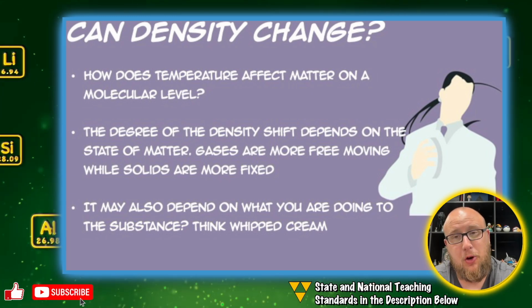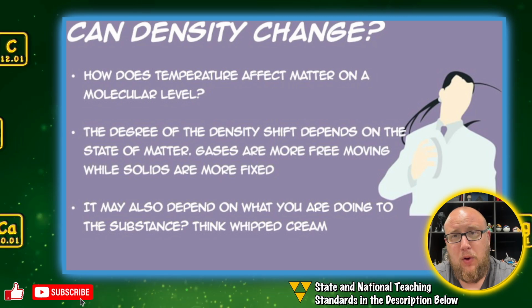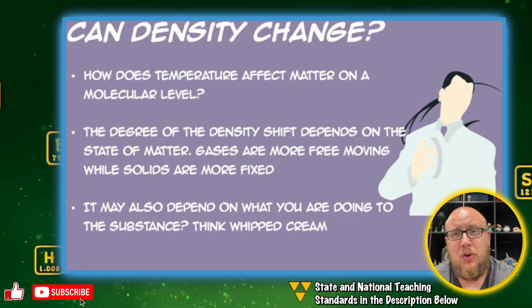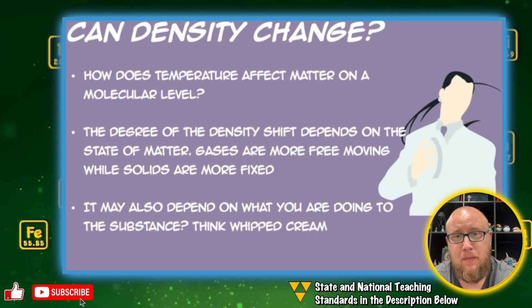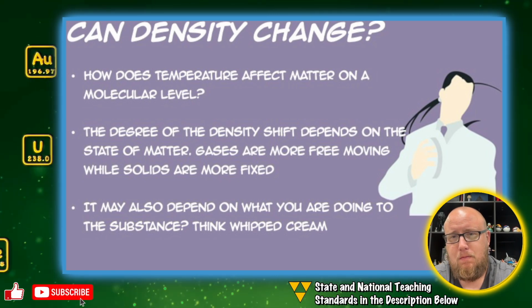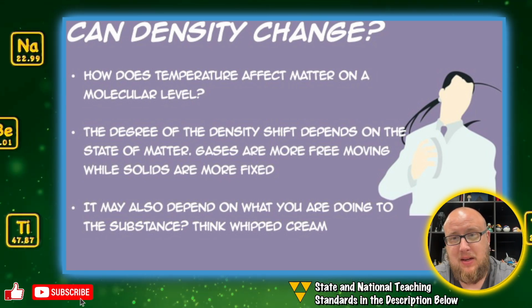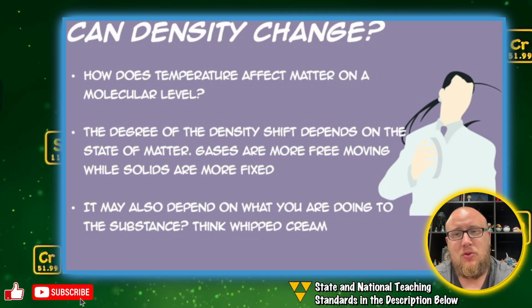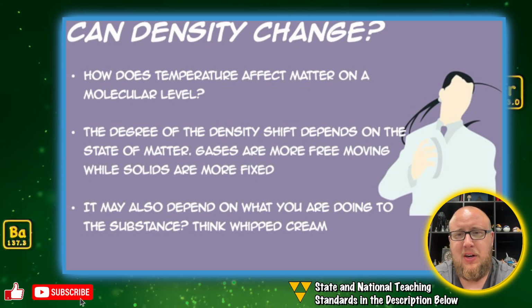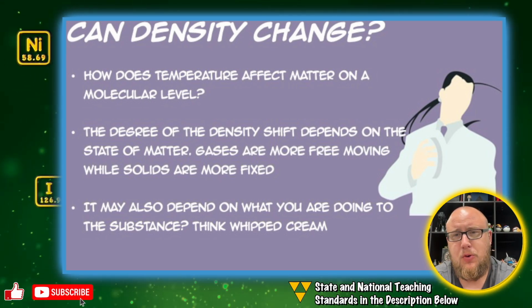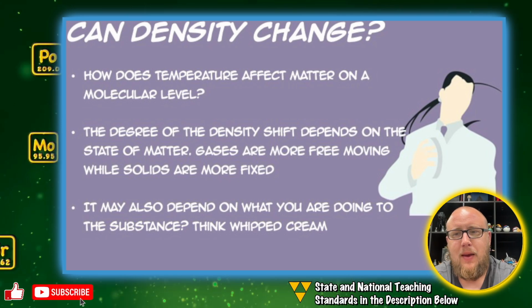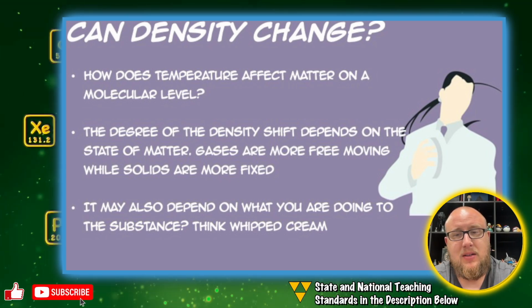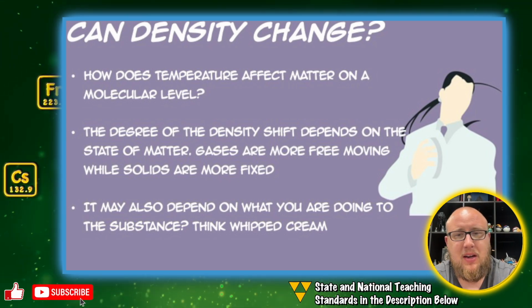So think of whipped cream, okay? When you make whipped cream, you originally have heavy whipping cream in a liquid form. You put that in a bowl, then you start mixing it. It suddenly turns into a solid, traps a lot of air in there, and it doubles, triples, quadruples, depending on how good your whipping cream is, in the amount of volume it takes.